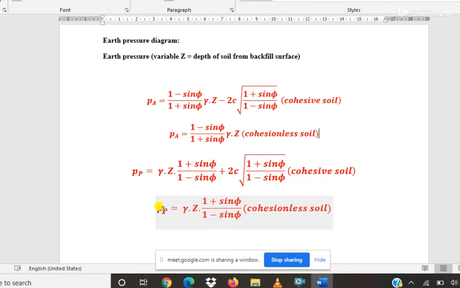These two equations are actually the general equation of straight line with no vertical intercept, that means the straight line is passing through the origin or the 0 0 point. That means these two equations are simpler than the other two, that is the equations for cohesive soil.